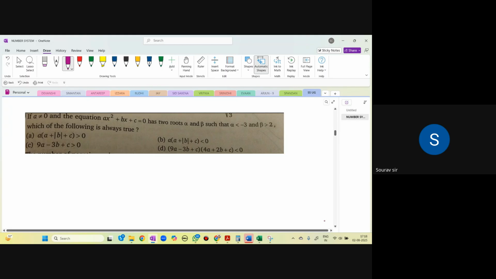That means, obviously, if a is 0, then it becomes a linear equation, not a quadratic. That's why a is not equal to 0. Right? So one root is less than -3, the other root is greater than 2. Right? And you are given 4 options.